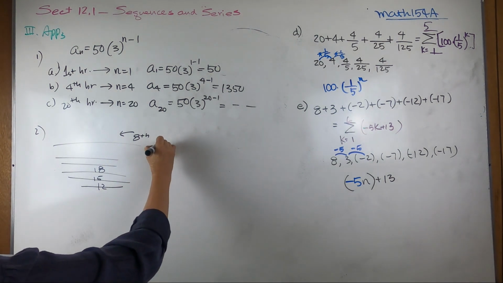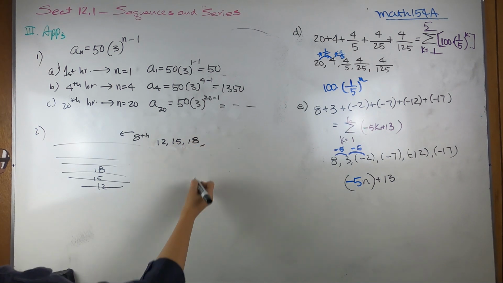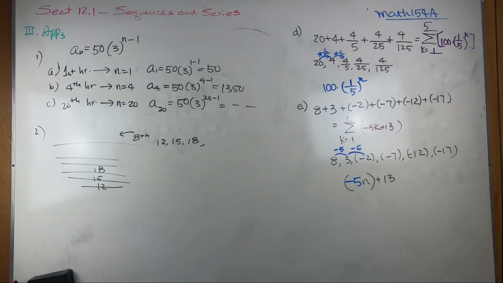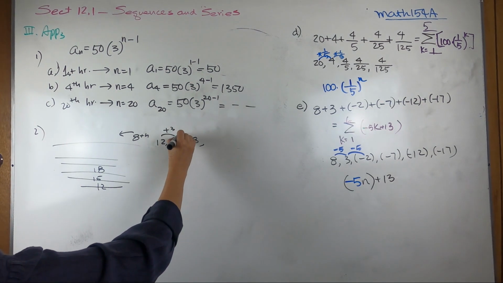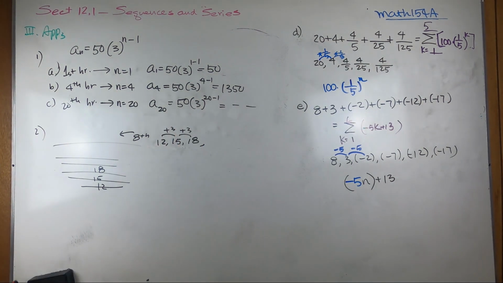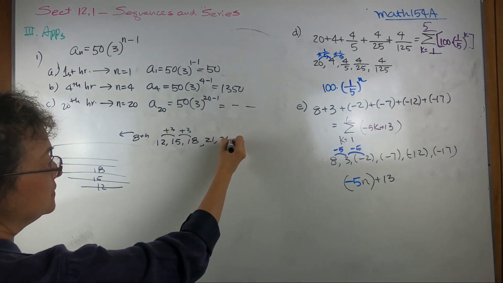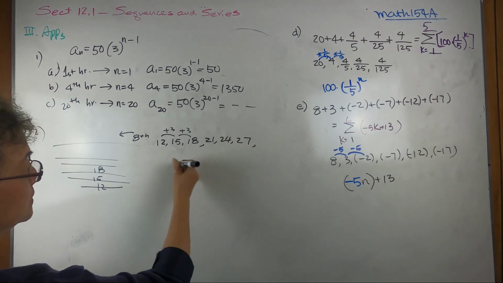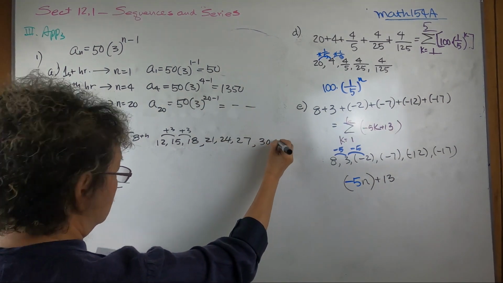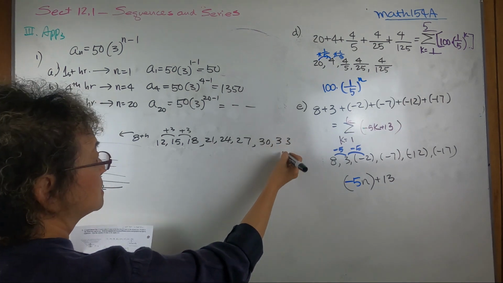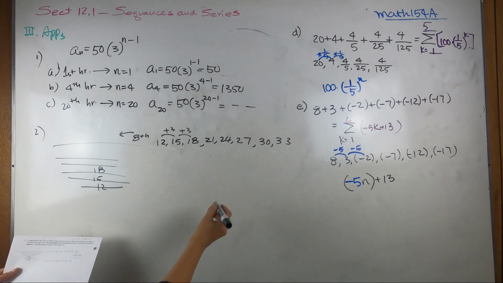So first one is 12, next one 15, next one 18. What kind of pattern is that, by adding or by multiplying? By adding, right? So we just write them all out: 21, 24, 27, for rows 1, 2, 3, 4, 5, 6, 7, and 8. So how many seats on the 8th row?